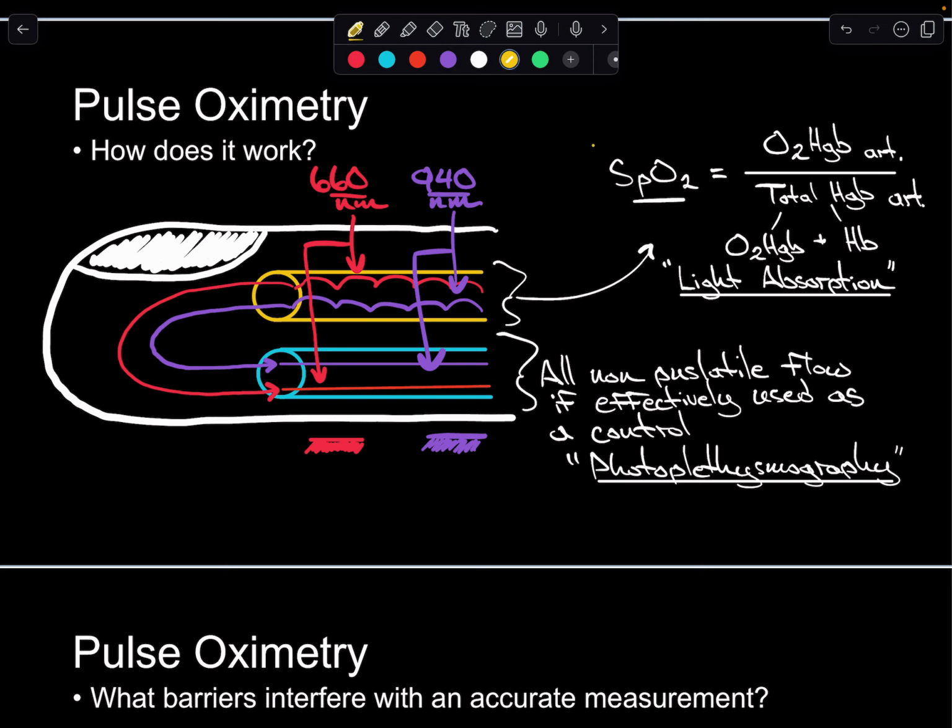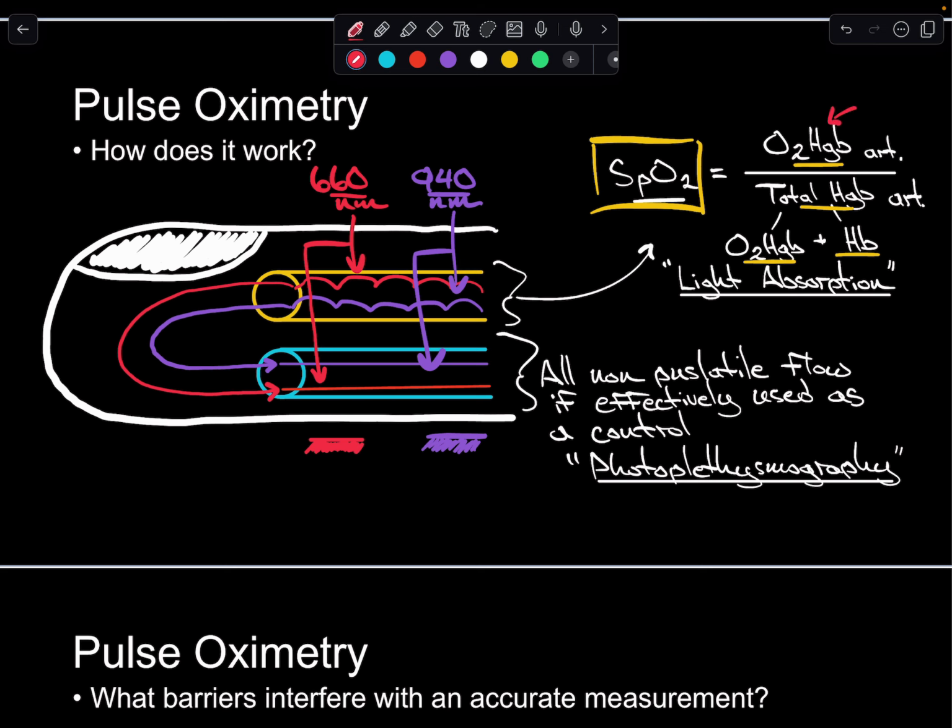And then over here, you can see that your percentage of oxygen that's bound to hemoglobin is reported as your SpO2, and that's equivalent to your oxygen bound to hemoglobin over your total hemoglobin, which is composed of your oxygen bound to hemoglobin plus your unbound hemoglobin.